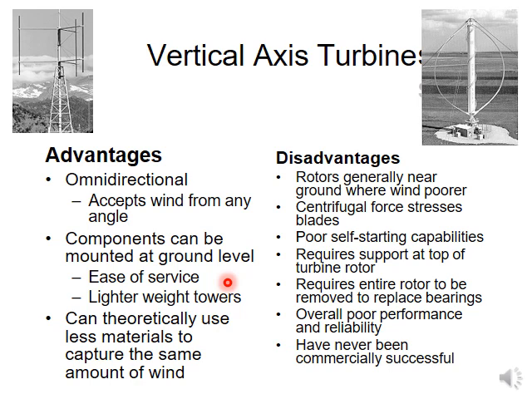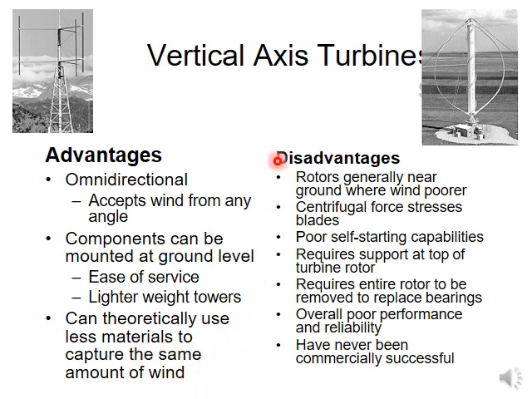So it is very easy to repair, maintain and install the generator at the bottom or at ground level. Okay, so there will be some advantages like ease of service, lightweight towers, and it can theoretically use less material to capture the same amount of wind. It is a technical parameter.